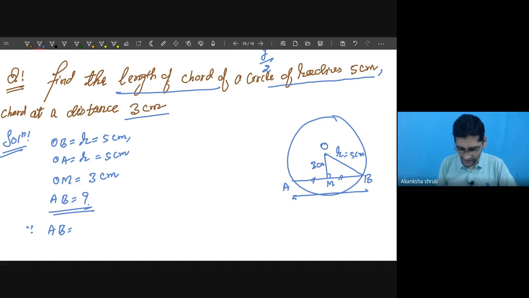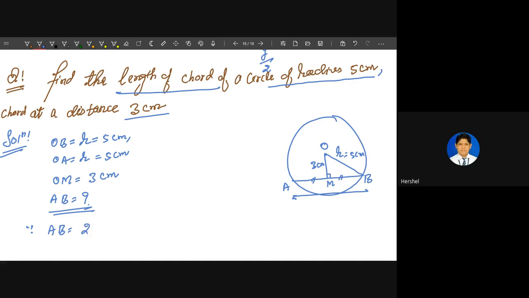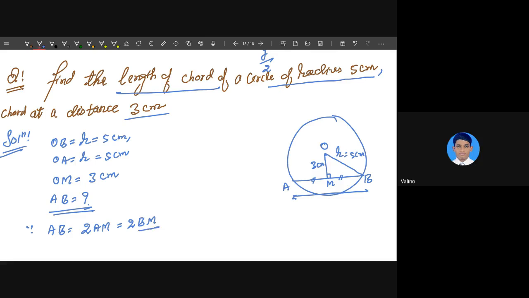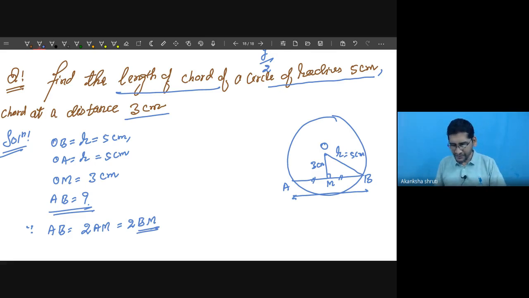Because these two lengths are equal. So if we are able to calculate this BM, then AB can be calculated. Otherwise, there is no direct relation between AB and the given radius and perpendicular distance.